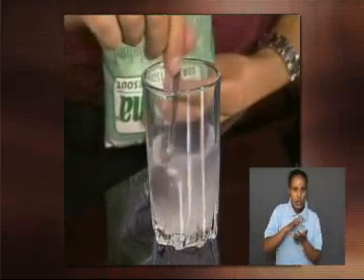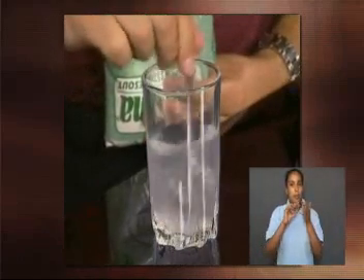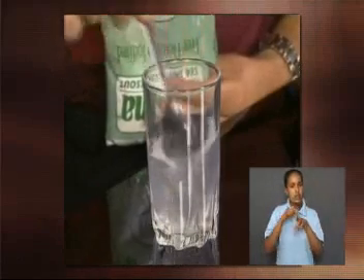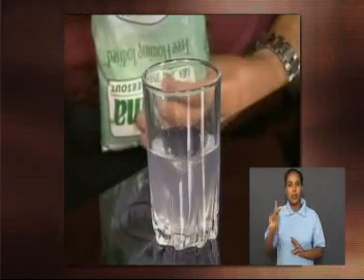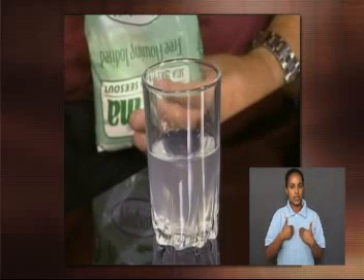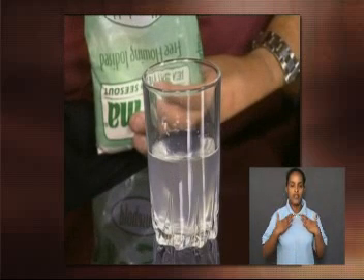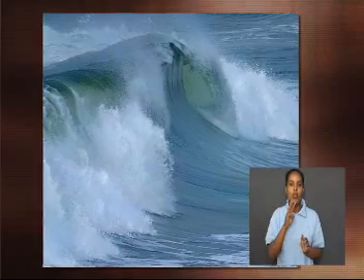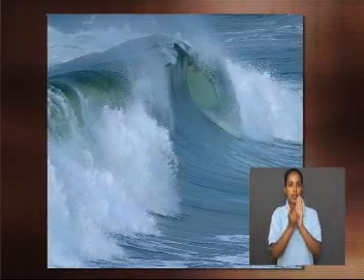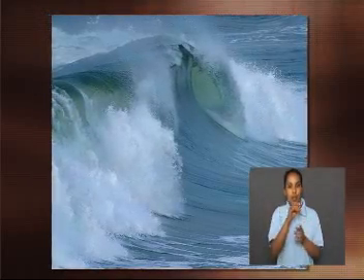Homogeneous equilibrium means that all the reactants and the products are present in the same phase or physical state. Salt and water are a good example of heterogeneous equilibrium.